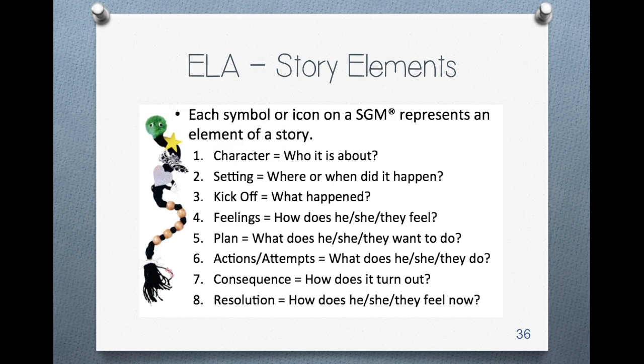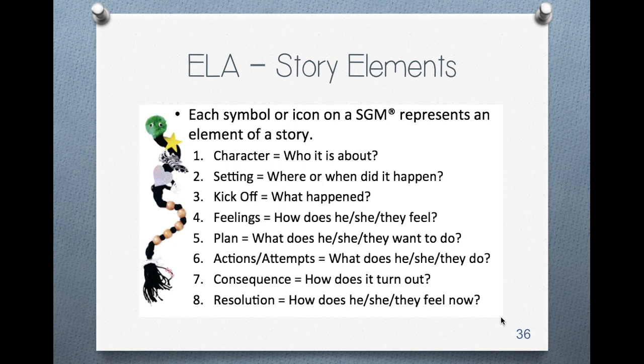Here's a great one related to the Story Grammar Marker, which is a registered system for talking about story elements. But character is really, who, right? Isn't that a simple word to talk about a character? A setting is where and when. A kickoff, again, what happened or what do. Feelings, lots of times we have feelings as part of our core, and on and on.